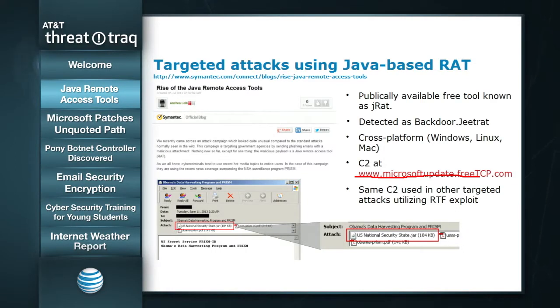So I mentioned sometimes they use Word documents or Excel spreadsheets. There's also an exploit vector through the rich text format, which is another kind of document type format that you can have on a Windows platform and leverage to drop a payload as well. So probably the same actor set, because they're using the same domain name, the same C2, and now they're using that same C2 for this Java-based RAT.